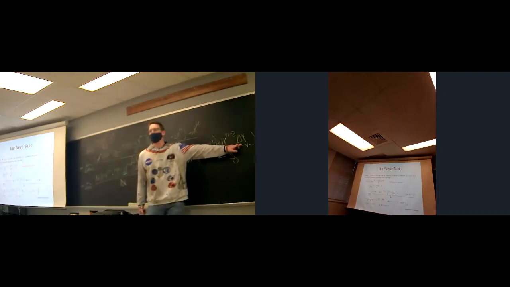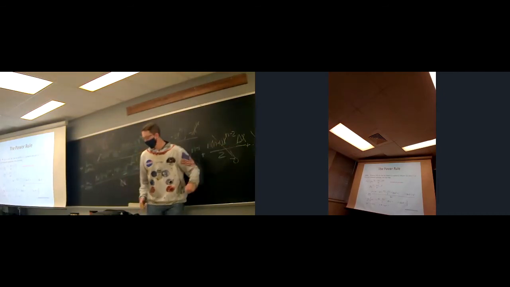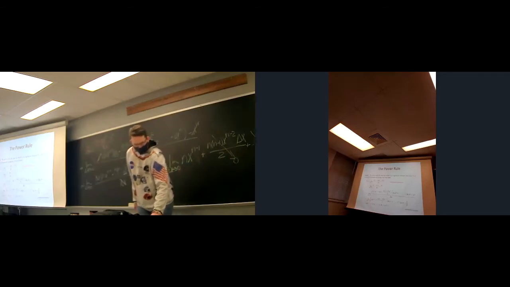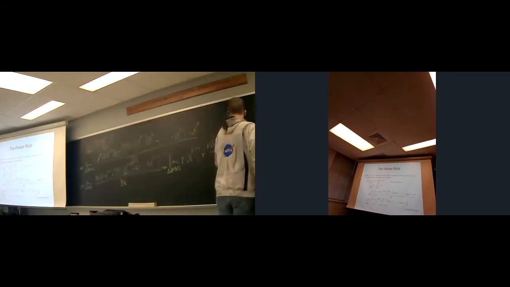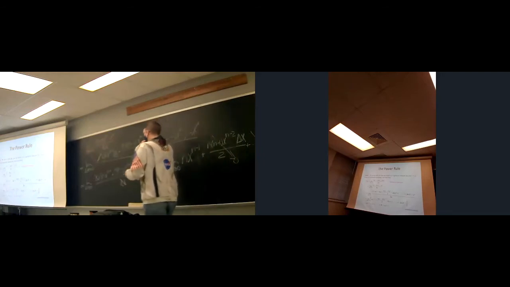So why is that? Oh, because of this delta x here. The next term immediately after this would be delta x squared. The term immediately after that would have a delta x cubed, delta x to the fourth, up until we got to delta x to the n minus 1.